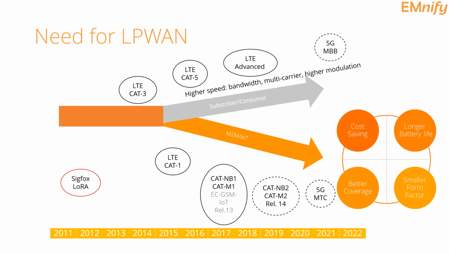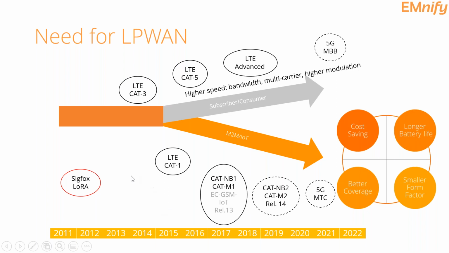And last but not least, if you think about sensors, you want to keep them as small as possible so they fit in any cage and the device can be put anywhere without impacting the physical dimension. So these LPWAN devices usually have a very small form factor compared to traditional modules.